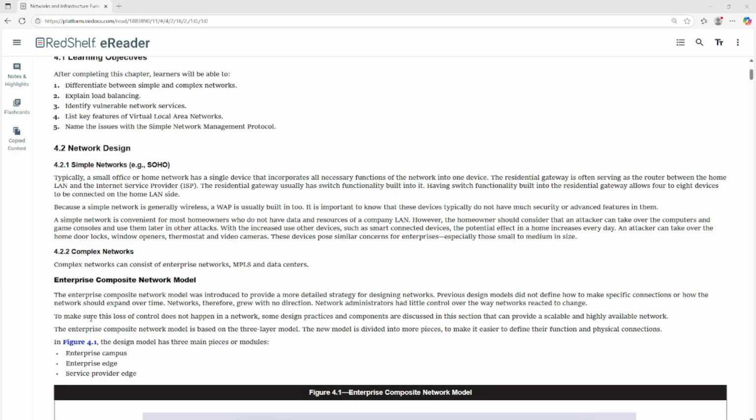The enterprise composite network model is an advanced network architecture, a model of complex networks that was introduced to provide a detailed strategy for designing networks in a way that will be more scalable, flexible, and resilient, which is useful for large organizations with complex network requirements.